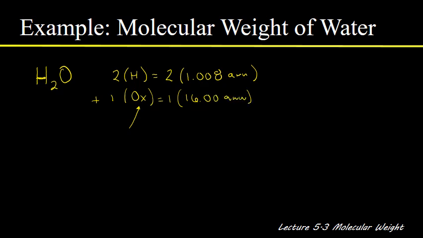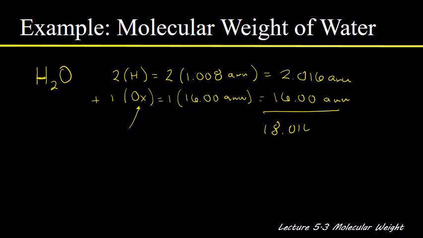Right? So the total mass of the two hydrogens will be 2.016 AMUs, and the mass of the oxygen is 16.00 AMUs, and if you add that up, 18.016.